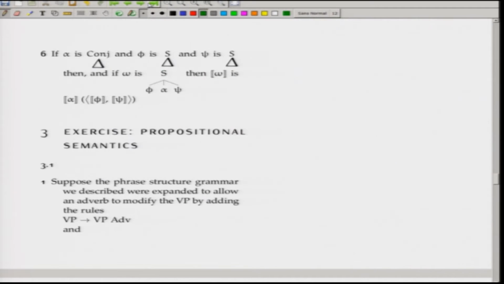If alpha is a conj and phi is S goes to something and xi is S goes to something, then if omega is S goes to alpha phi alpha xi, then the reference of omega is this thing, right.